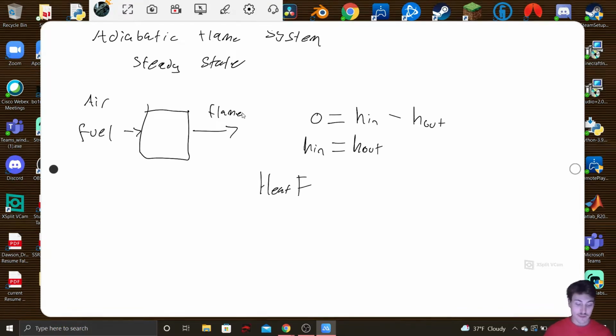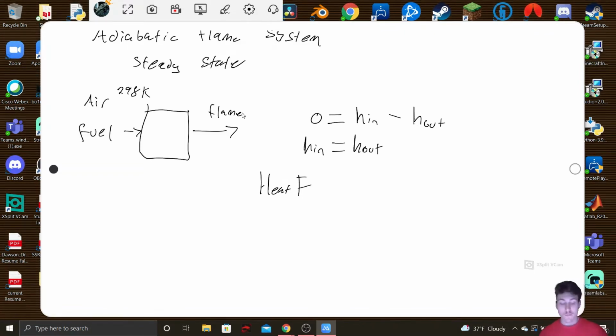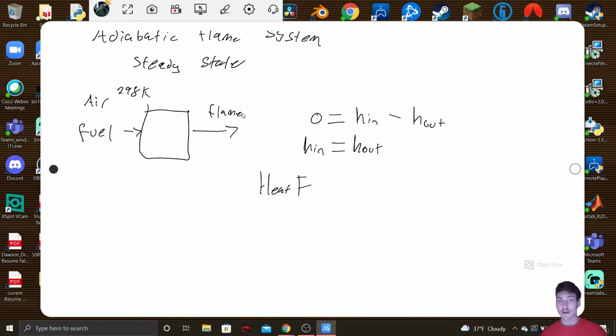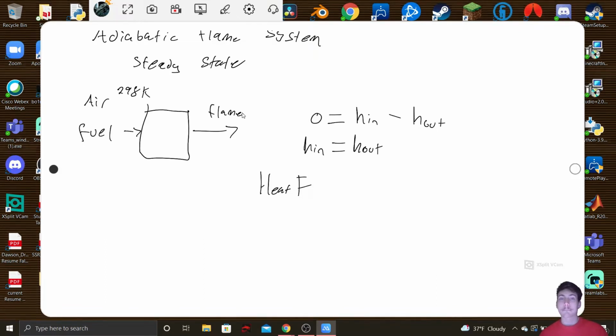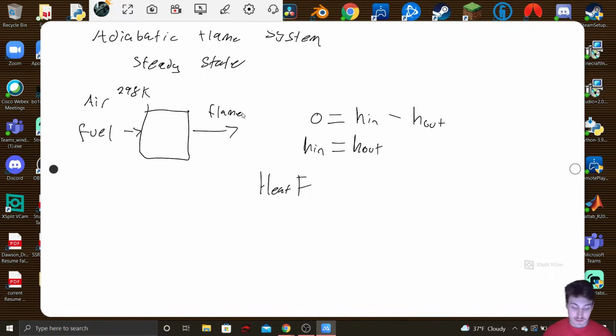This starting temperature is going to be 298 Kelvin, and we want to see what the final temperature of that flame is going to be with a certain mixture and the air going in. Obviously the air is not 100% oxygen; it's a mixture of a bunch of things. We'll come to that later. So we start at 298 Kelvin, and we want to see the resulting temperature of this flame, which we can call T final.